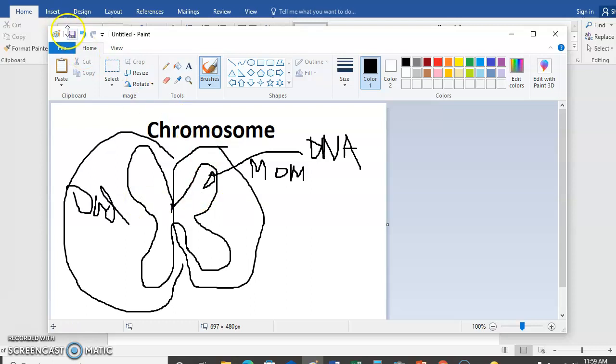All right. So, question 2 says, draw the genes in the chromosome. Now, genes take place in little areas. So these little orange stripes here are genes.